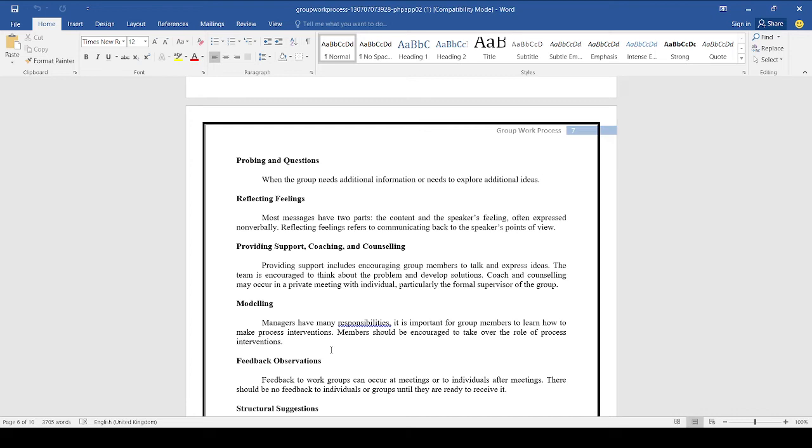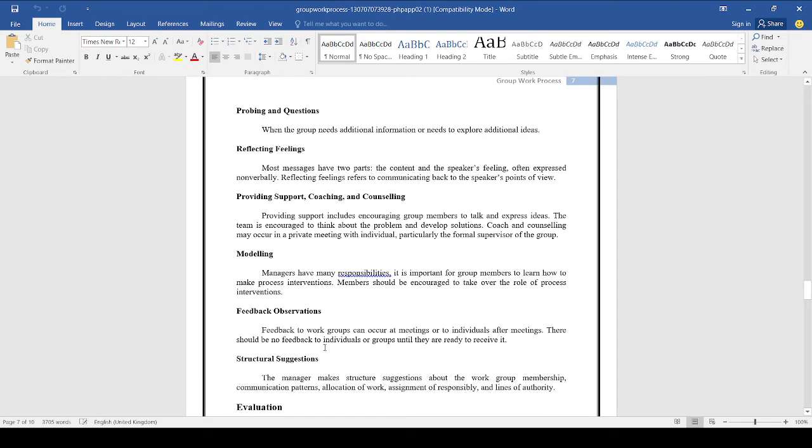Here the managers have many responsibilities, especially the social group worker has some more responsibilities. It is very important for the group members to learn how to make process interventions. Members should be encouraged to take over the role of process intervention.